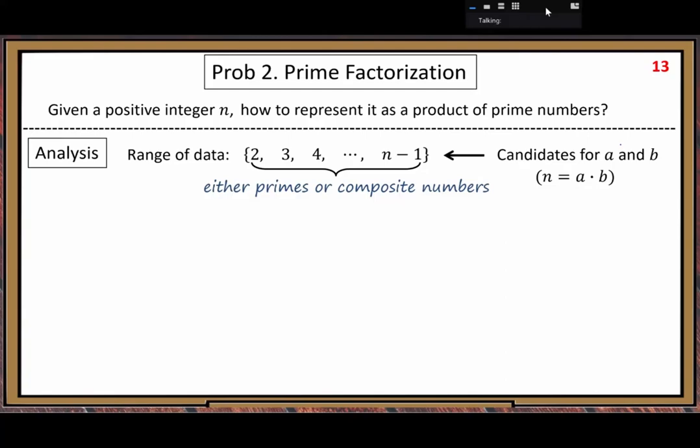Based on that simple fact, next we want to remove all the composite numbers in the list.